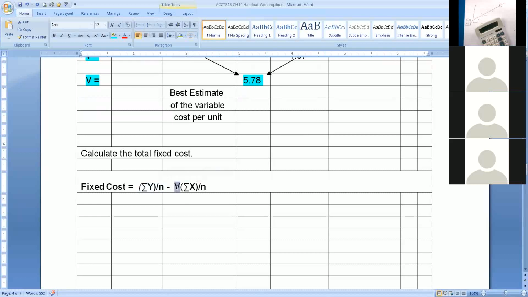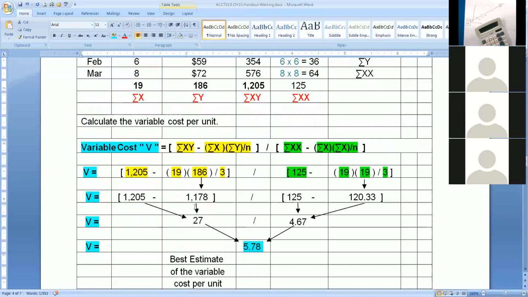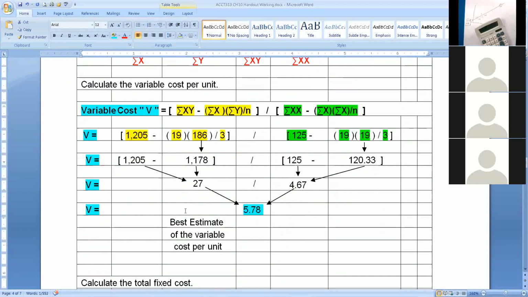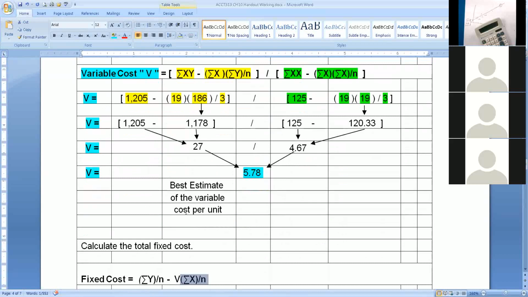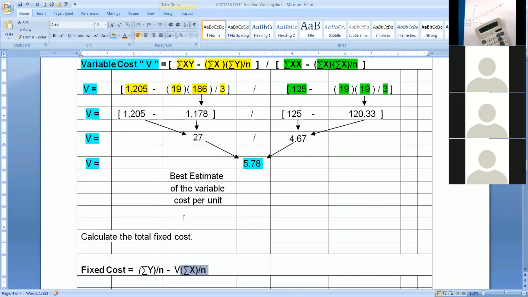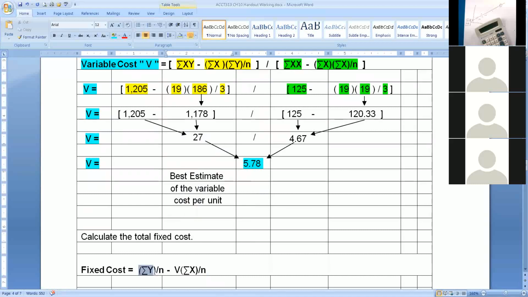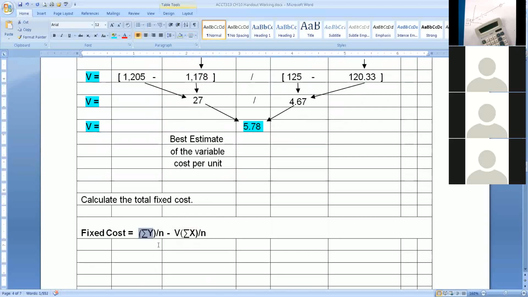Over here, the V is the variable cost per unit. You'll notice that these are the units. So sum up the units. This is just the average number of units. I have a quick question, Professor. When you said average, I was thinking it would be the total cost, the 186, instead of average. How can you differentiate between the symbol for average and sum?